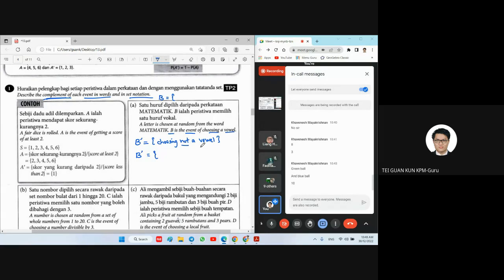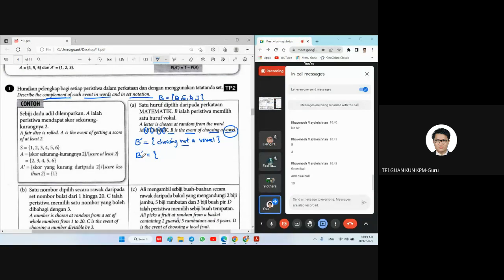Choose a vowel. Apa jawapan dia kalau kita nak tulis jawapan untuk B? Apa tu vowel? A, E, A, I. So ini adalah jawapan untuk B lah.